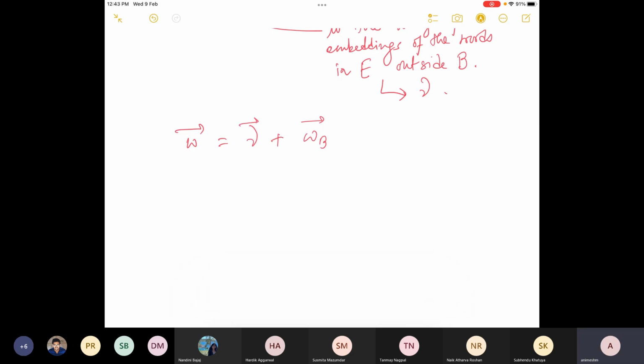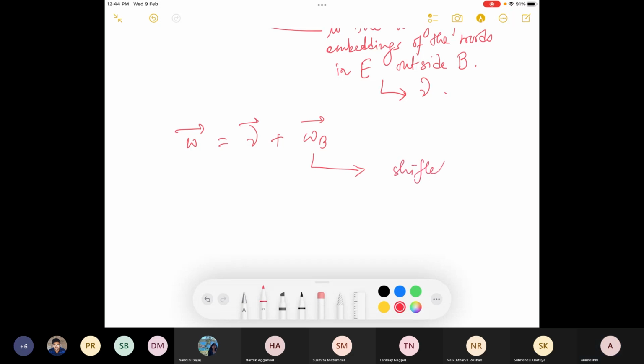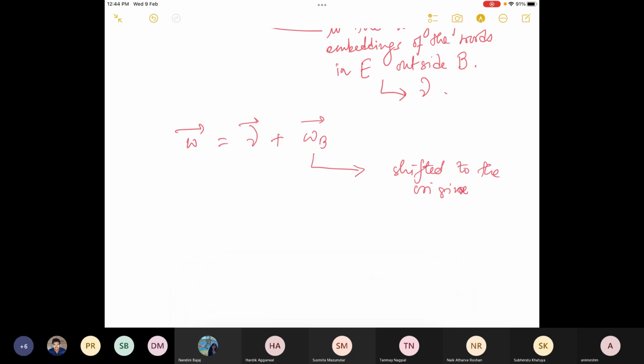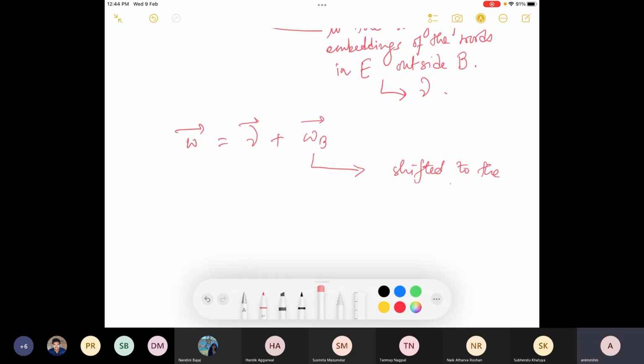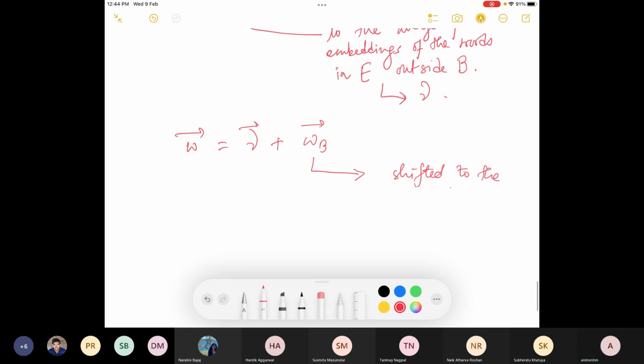Okay, we want to shift everything to the origin. So therefore, this WB is shifted to the origin. So see, we are wanting to construct the new W. In order to do this, we are doing all this drama. So we want to shift this WB to the origin. Okay. So again, we give a mean shift.